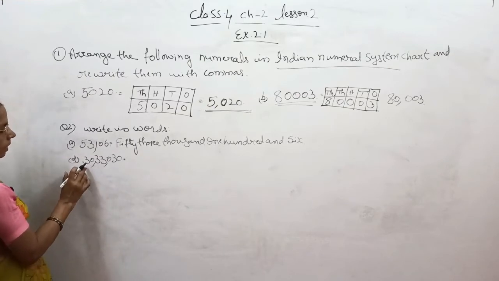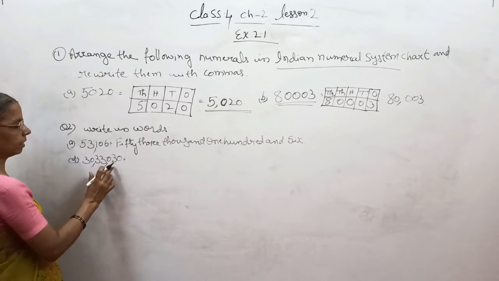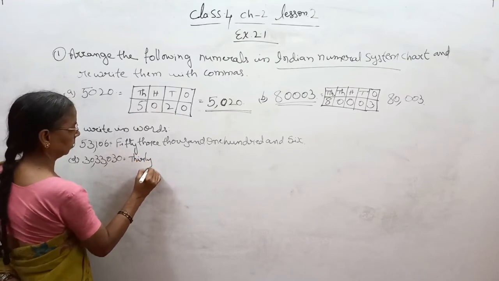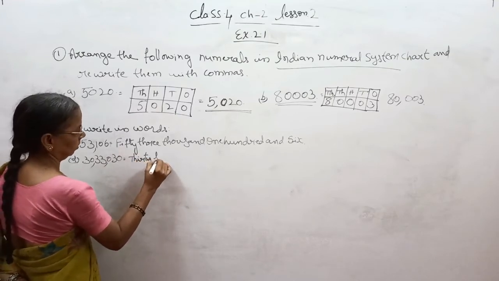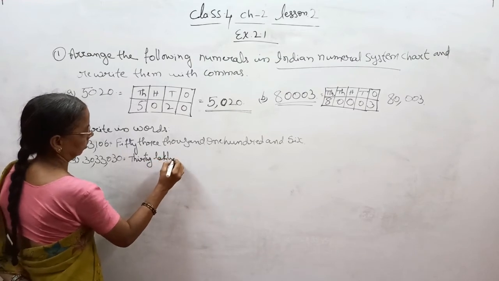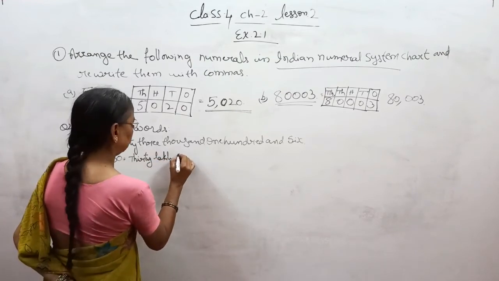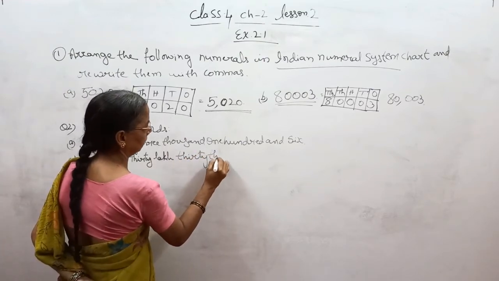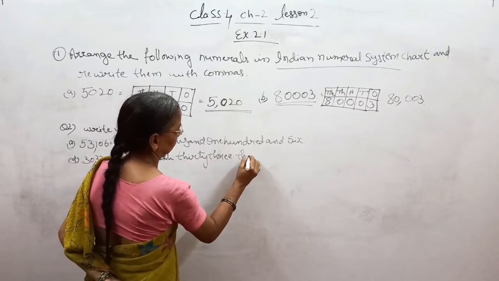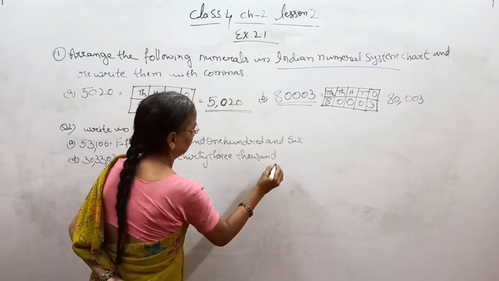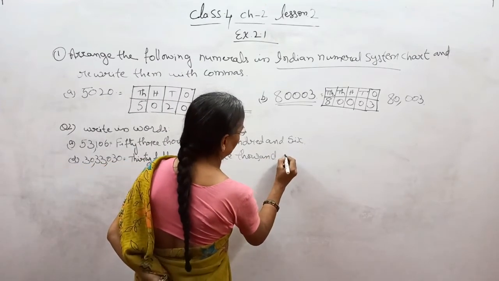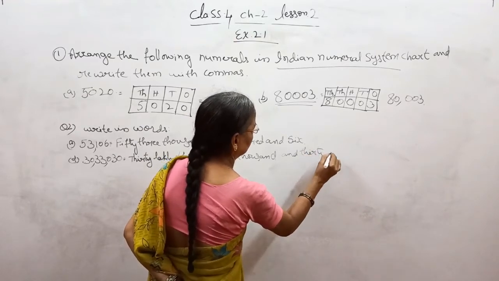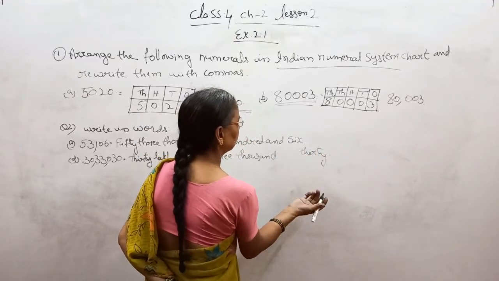It will be 30 lakh, 33,000, and 30. Then we write 30 lakh, 33,000 and 30.